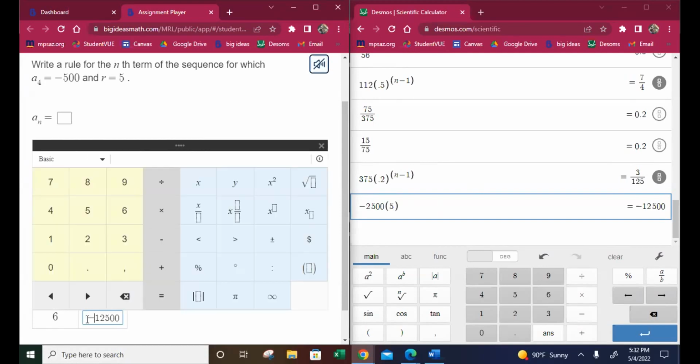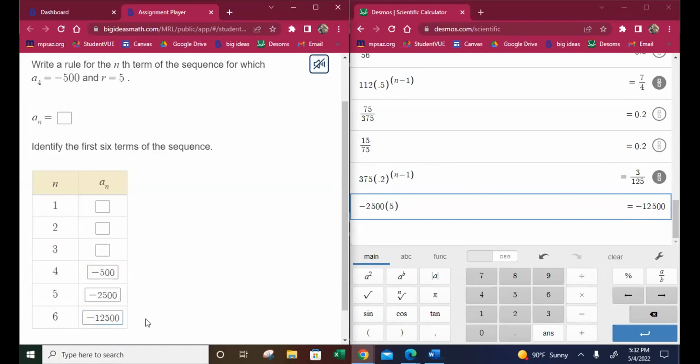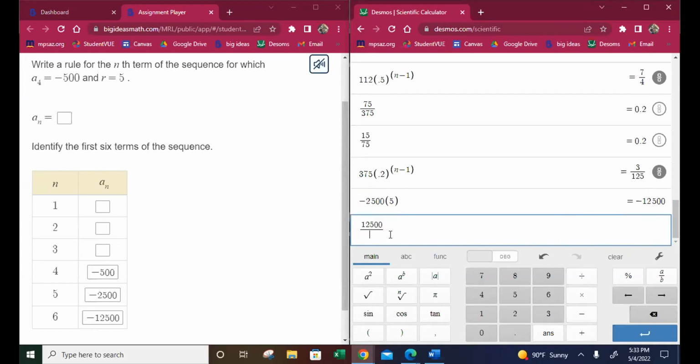Now I want you to go ahead and close out that. Now if you were to go backwards, like if you went from minus 12,500 to minus 2,500, what is undoing multiplication by 5? Maybe divide. Exactly. So do you see how if you divide minus 12,500 by 5, you get 2,500?